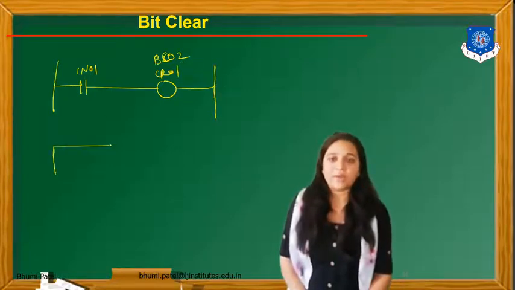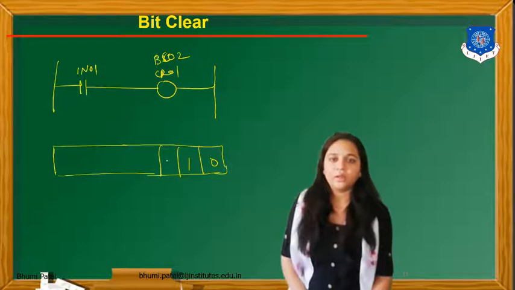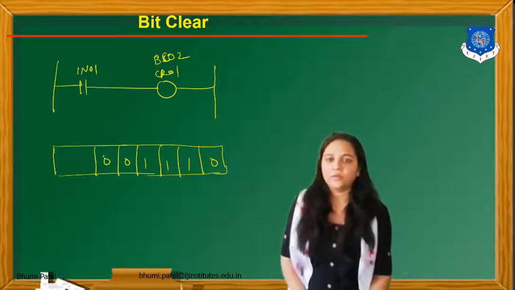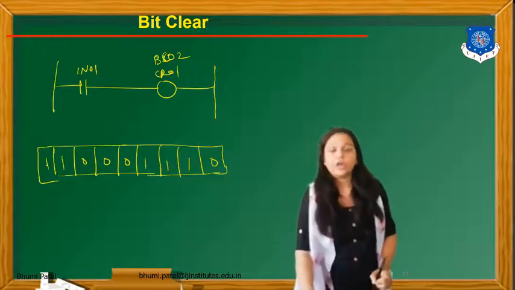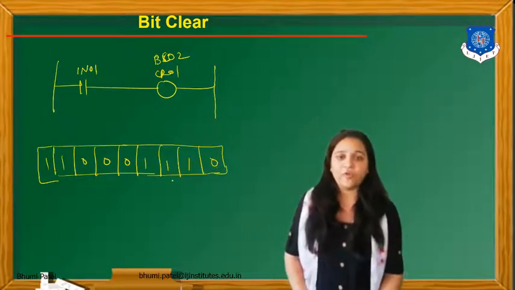So this is my 8-bit data. Okay, this is bit 0 1 2 3 4 5 6 7, and this is my 8-bit data. Now if we want to clear the second bit, so this is 0 1 and 2.